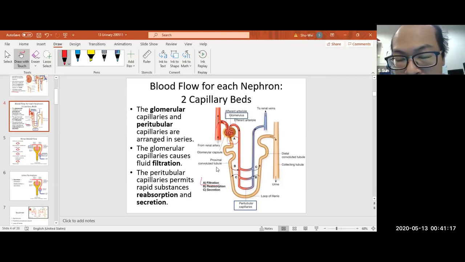This reabsorption is selective, because we don't want to reabsorb anything like toxic stuff. Our medicine that we eat, our liver metabolizes it. The remaining portion is toxic, and those are small molecules. Our body doesn't really need to do anything.